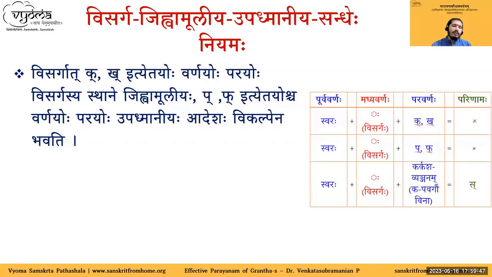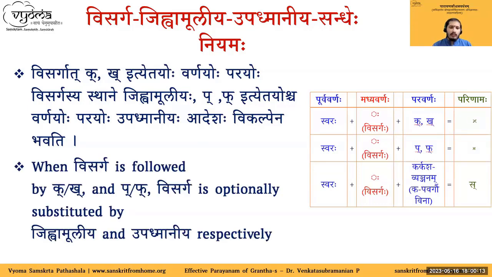One thing to note here is that Jihvamuliya and Upadhvaniya are optional. That is, if you want to do Jihvamuliya or Upadhvaniya sandhi, you may do it. For example, Kaha Karoti. You may tell Kaha Karoti itself. Or else you may do the Jihvamuliya Adesha and tell Kat Karoti. Both are fine. So when Visarga is followed by ka and pa, Visarga is optionally substituted by Jihvamuliya and Upadhvaniya respectively.